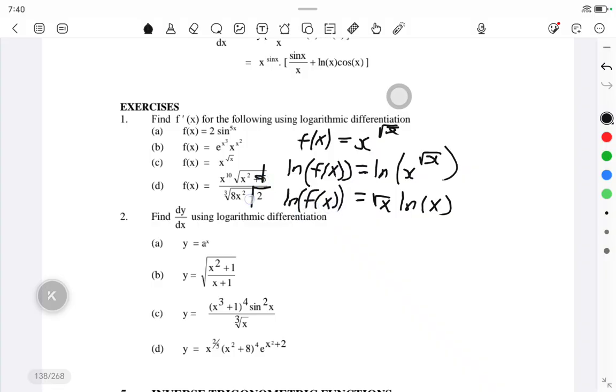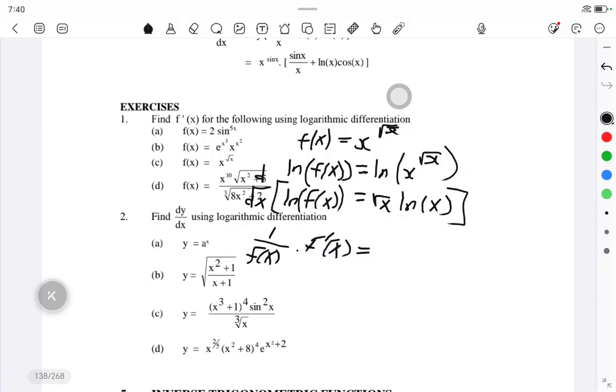Then I just introduce d over dx both sides. When we're deriving ln of something, we say 1 over that something times the derivative of that something. So the derivative of ln f of x is f prime over f.